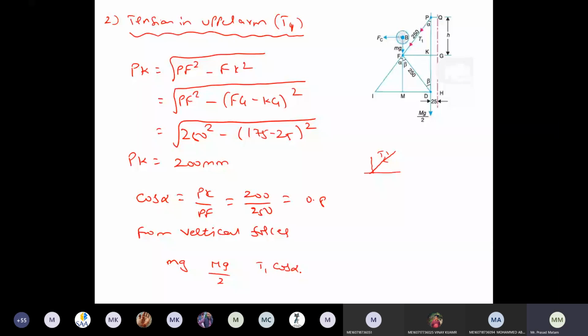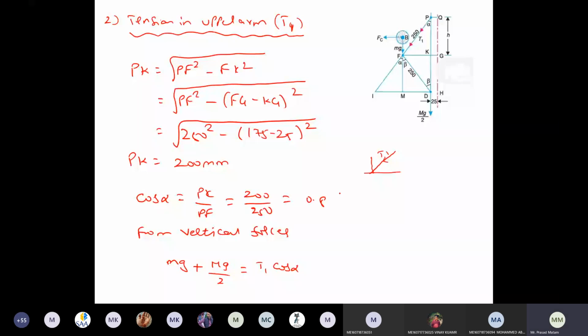Now how to balance this equation? T1 cos alpha is moving upwards, mg and mg by 2 are moving downwards. You can see here, mg is moving downwards, this is also moving downwards. I can write like this: T1 cos alpha is equal to mg plus mg by 2.